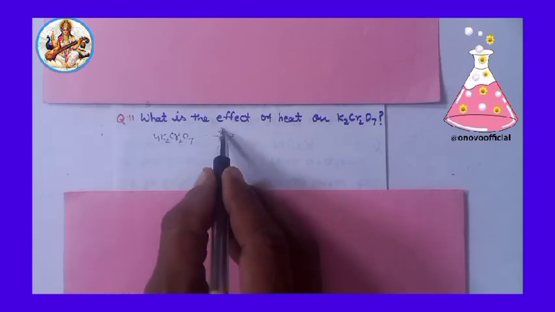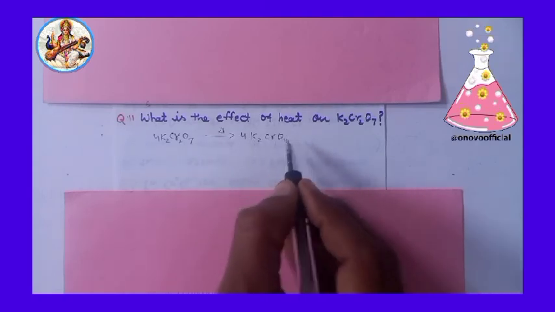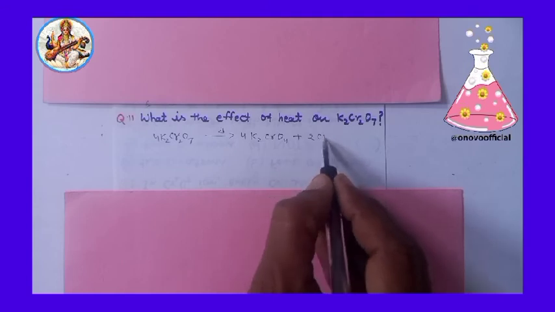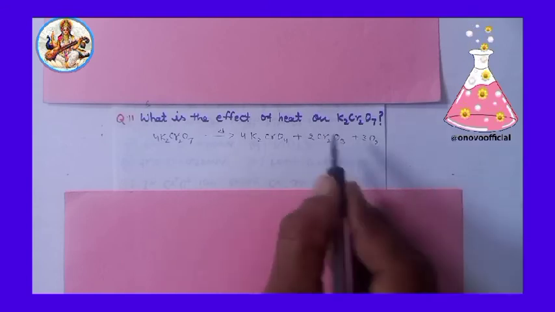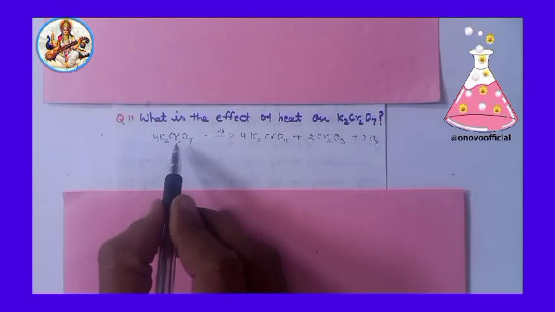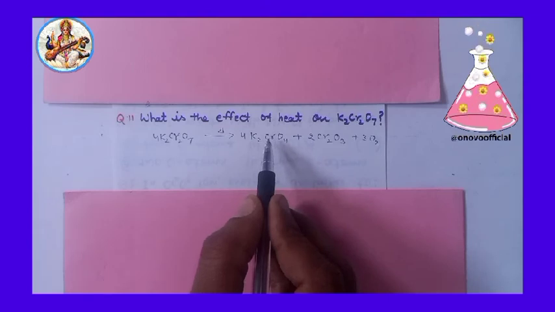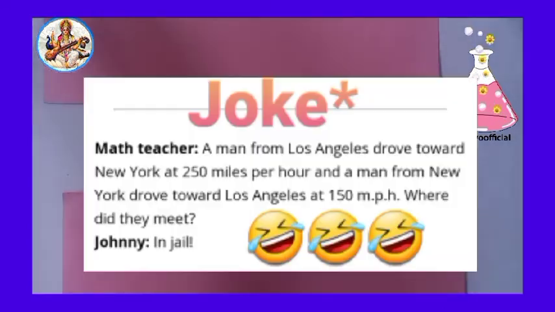The chemical reaction is. I repeat, on heating potassium dichromate, it decomposes into potassium chromate and chromic oxide.